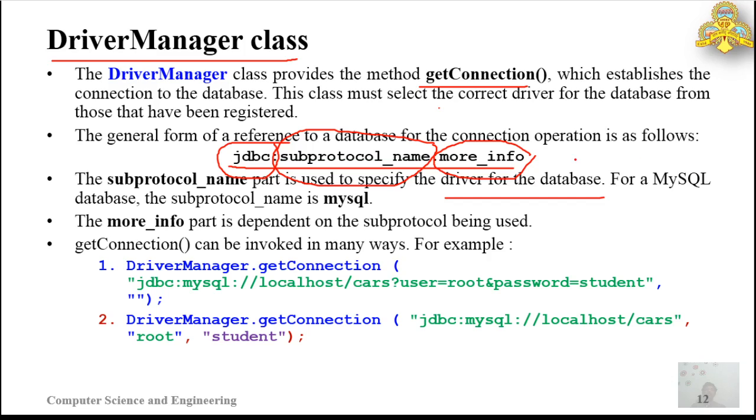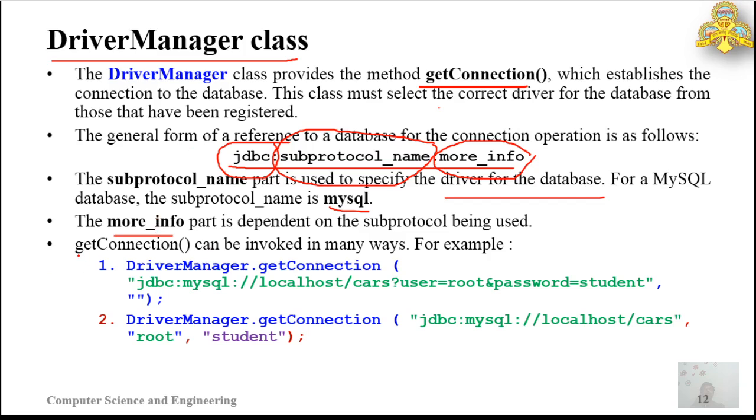For example, for the MySQL database, the sub-protocol is mysql. The more info part depends on the protocol being used, and also on the type of database server that is going to be accessed through our Java programs.